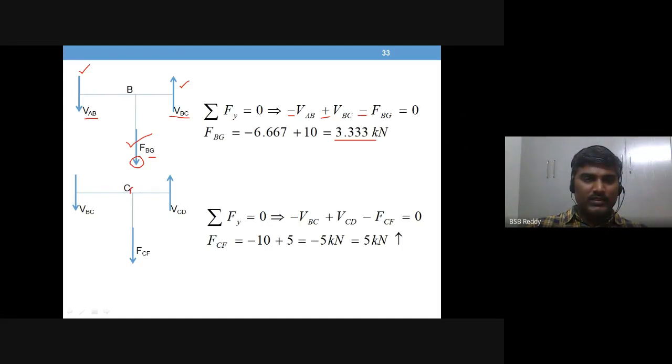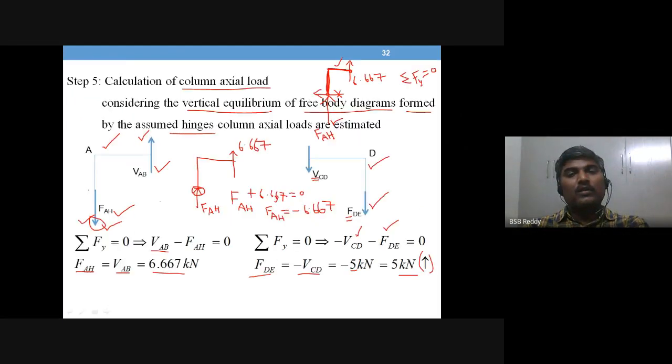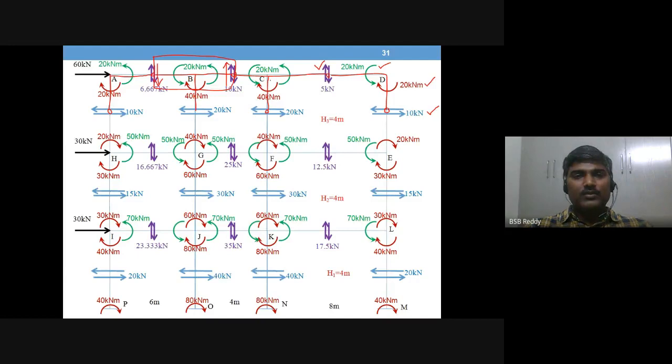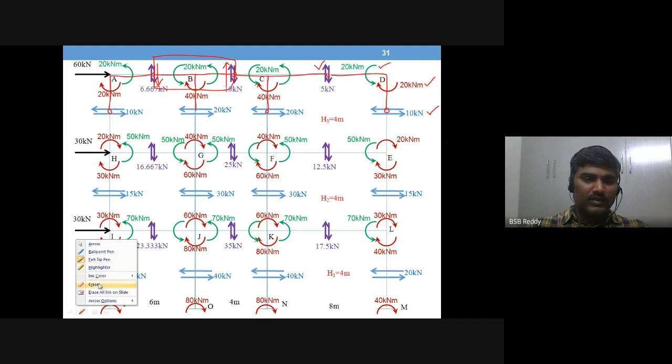So let's see joint C, how it is in the diagram. Right, this is joint C. Let's clear that to have a clear picture of it.